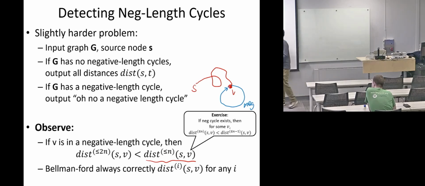So you can always improve the total weight just by looping through the negative length cycle, and get less total length compared to this one.